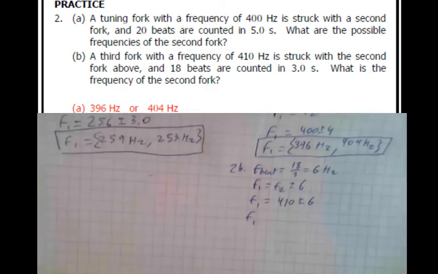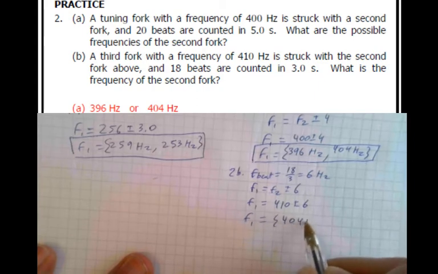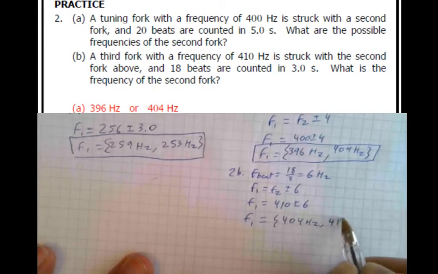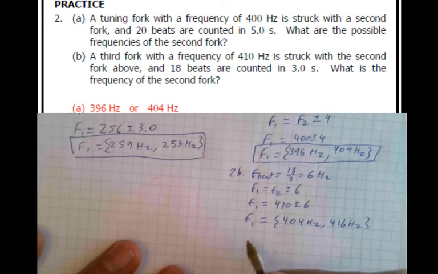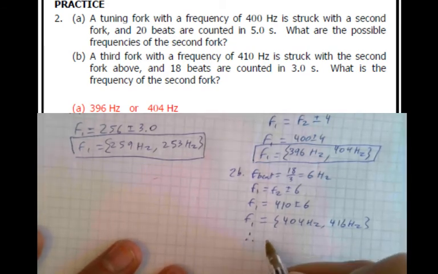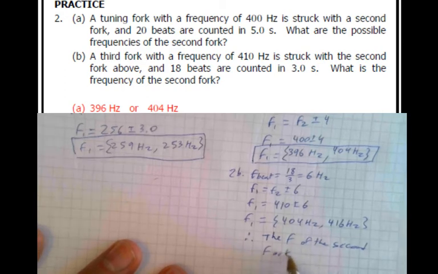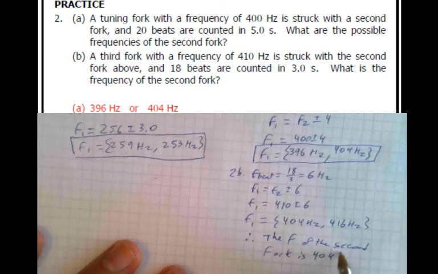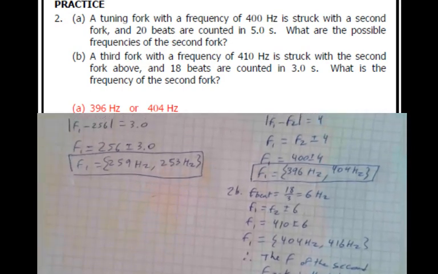So I have possibilities of 404 hertz or 416 hertz. If this second fork was used in both cases, then the shared value between them is 404. So then you can write a therefore statement saying the frequency of the second fork is 404 hertz. Now we know for sure because we're given that additional information.